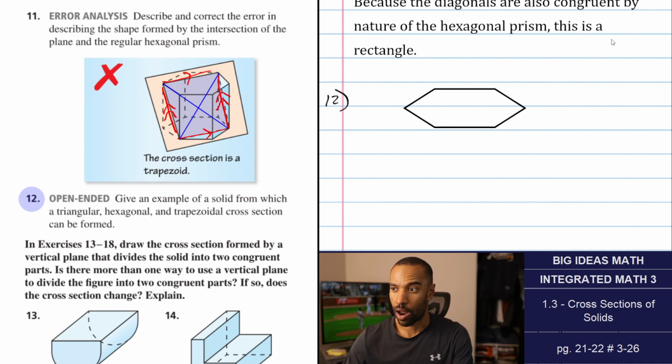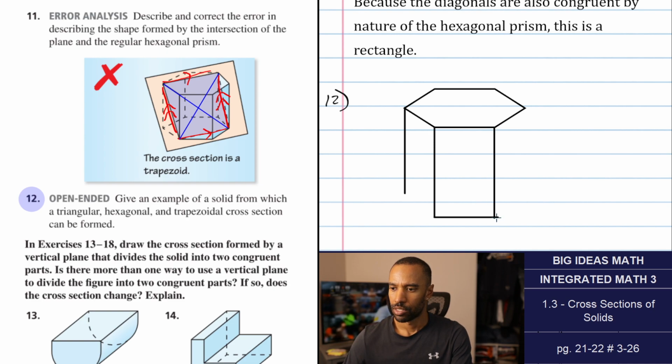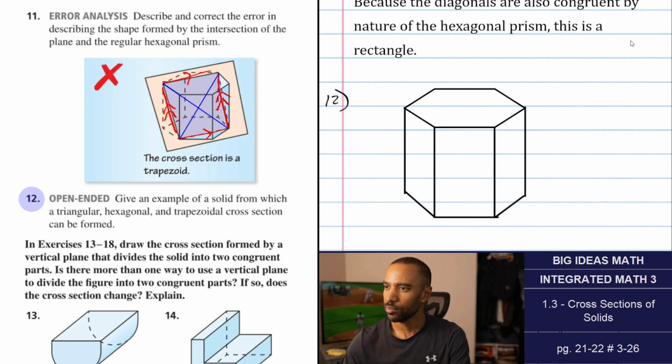Did they ask me to draw them? Because I'll give a drawing, but I don't think I'm going to live on it for too long here. So here's a hexagonal prism. Sorry about this again. Okay.